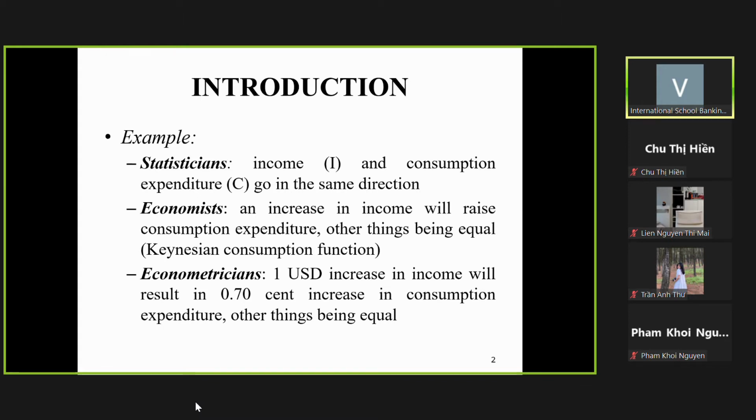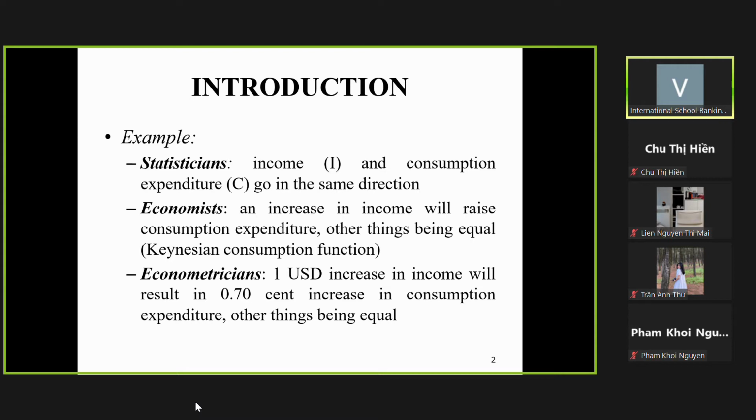So when we have the graph, if the graph is upward sloping, it means that income and consumption expenditure go in the same direction. Or in other words, income and consumption expenditure have a positive relationship. So when income increases, the consumption expenditure will increase too. Or in other words, we can say income has a positive effect on consumption expenditure.